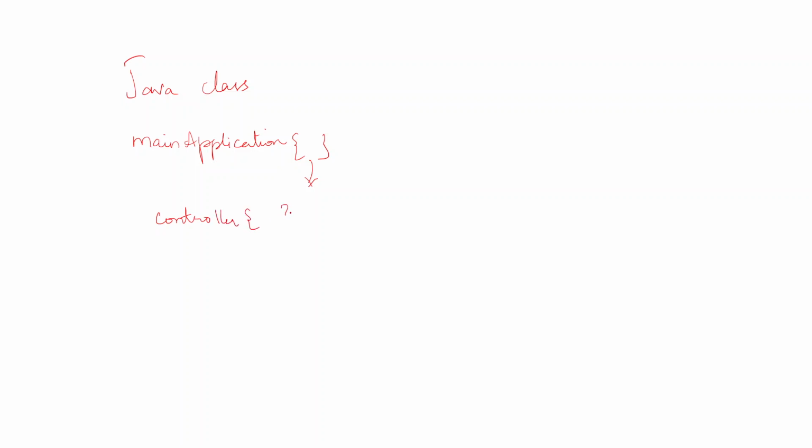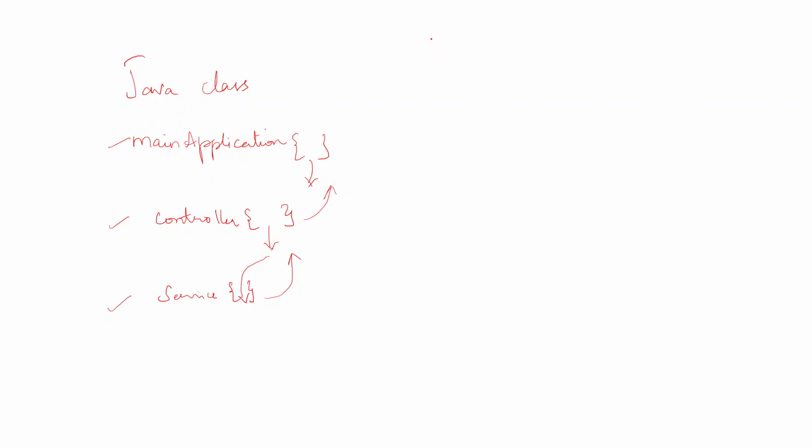This controller class will have all the API mappings with the respective service class, and then we have a service class. If I'm going to create a simple API, these three classes are mandatory. The controller will invoke the service, the service will process and send the response, and the controller will send the response, which is given to the client side. So these are the three classes we are going to implement.